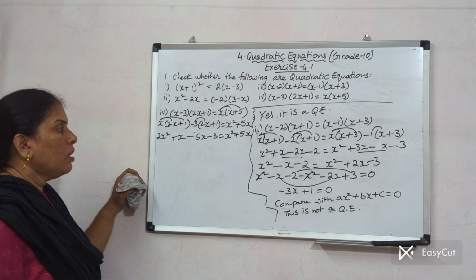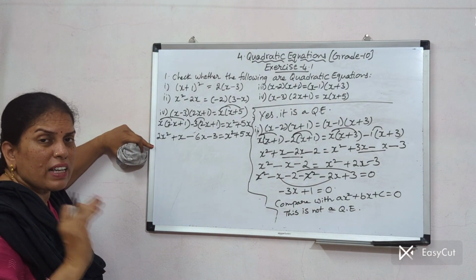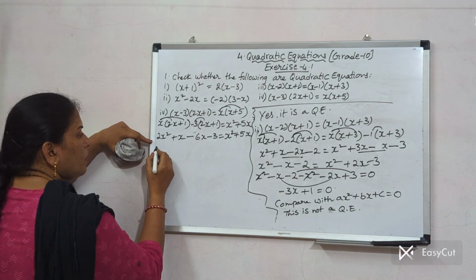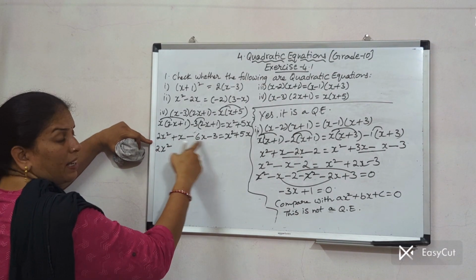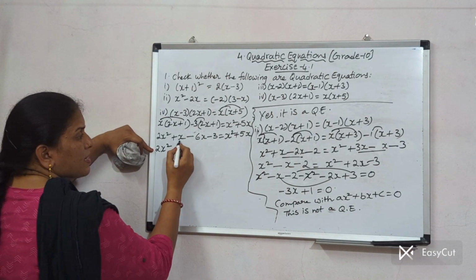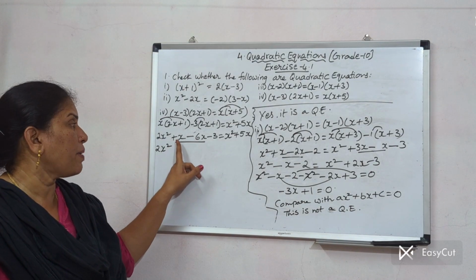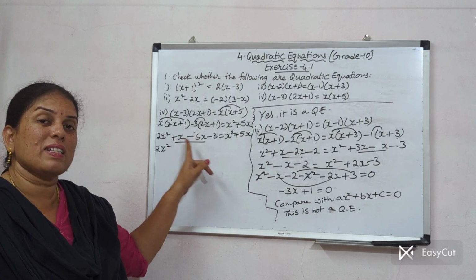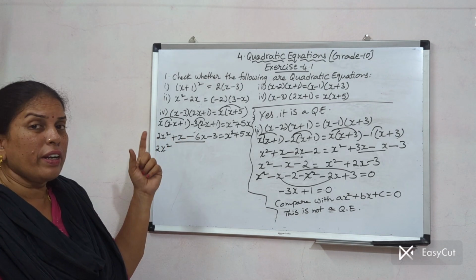All of you understood? Now, if any cancellation is there, cancel. If any simplification is there, simplify. 2x square stays. Why? Because the x square term is not in the LHS. Now, x and minus 6x are like terms. Why? Because the same variables are there with the same power. So, opposite signs are there, which means you need to subtract.